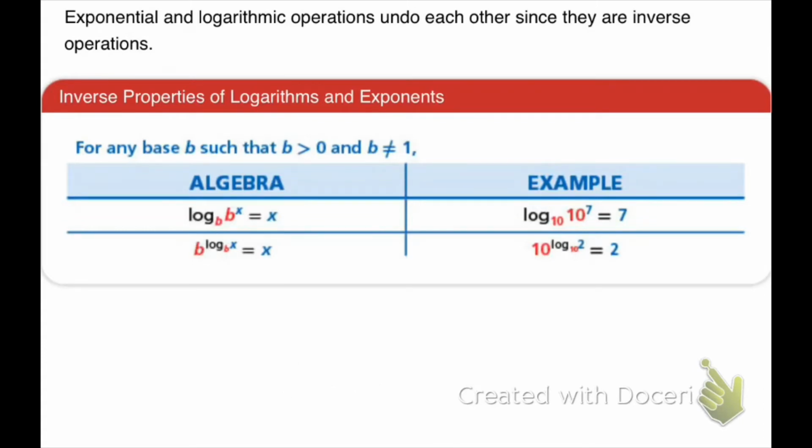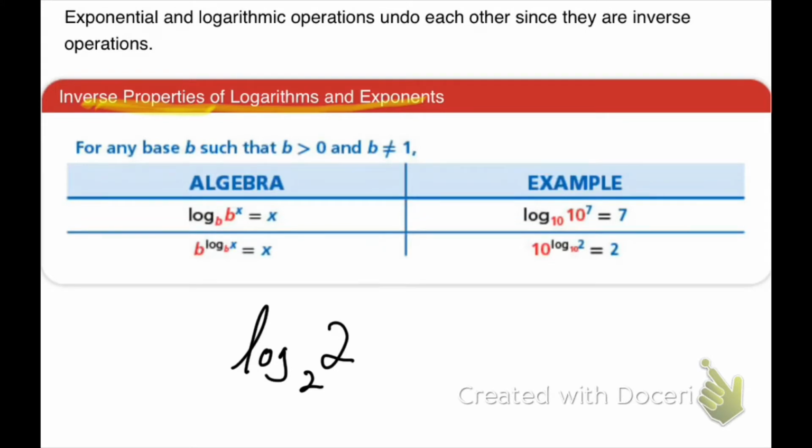Well, let's look at the easiest case of this. This is going to be called the inverse properties of logarithms and exponents. This is where the base, so if I take log base 2, is the same as the number I'm taking the log of.